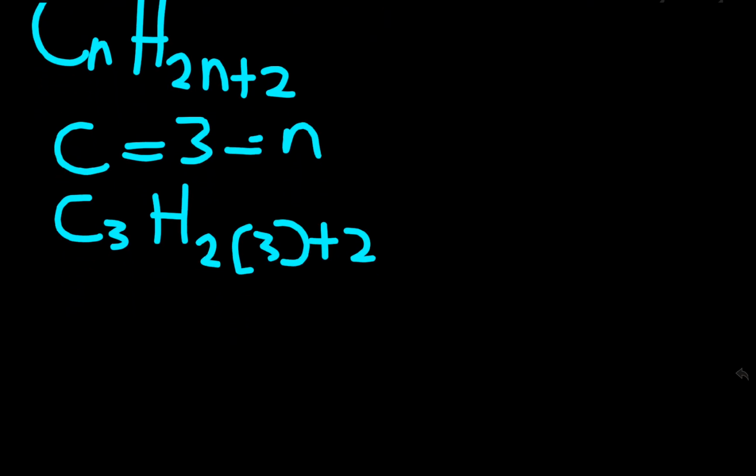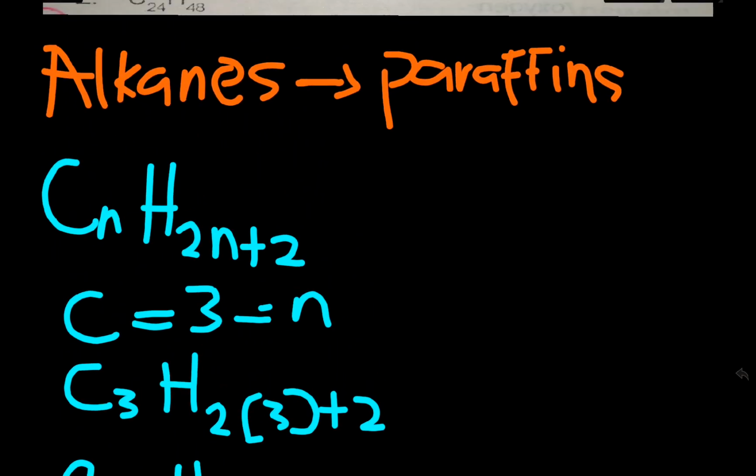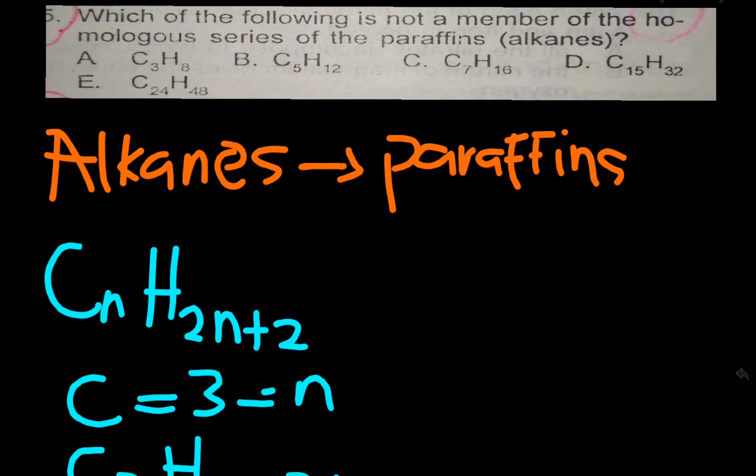And so we would arrive at C3. 2 times 3 is 6. 6 plus 2 is 8. C3H8. So this is an alkane, and let's check whether there's a C3H8 there. So our option A is correct. Our option A is actually an alkane.